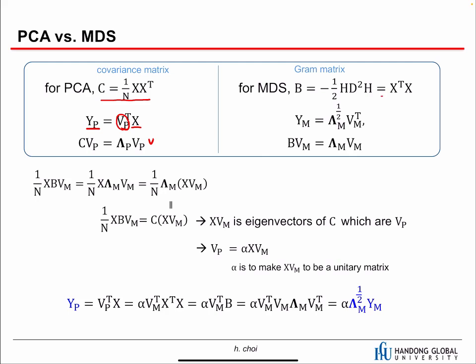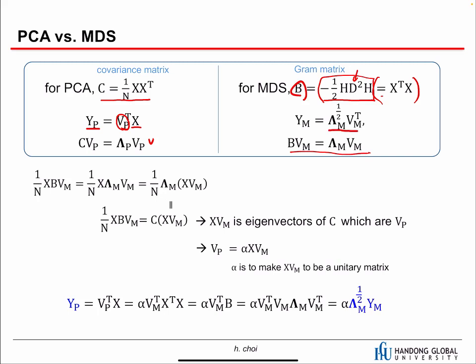Basically the distance matrix is given, so from this distance matrix, by multiplying H, we get this matrix B, and we assume that this is actually X transpose X. Then we take the eigendecomposition of this matrix B.